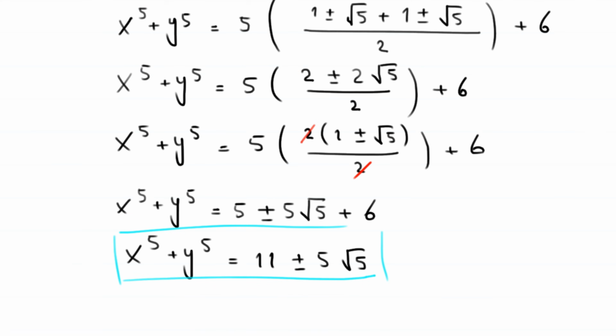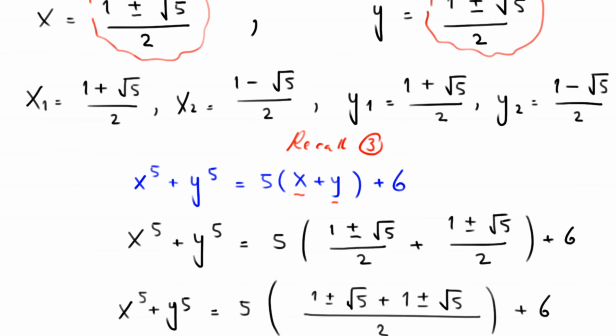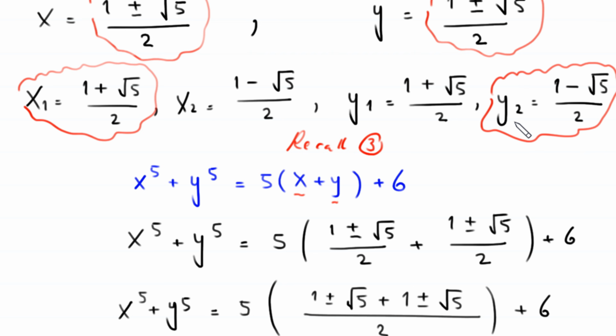Now we consider another case when we take value of x1, (1 plus root 5) over 2. We take value of y2, (1 minus root 5) over 2, and we put these values of x and y in this equation.